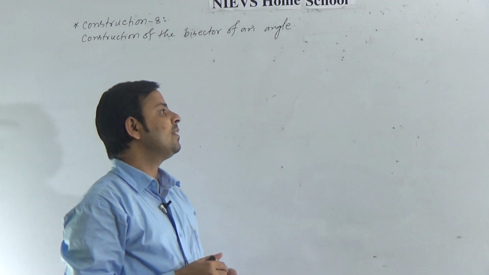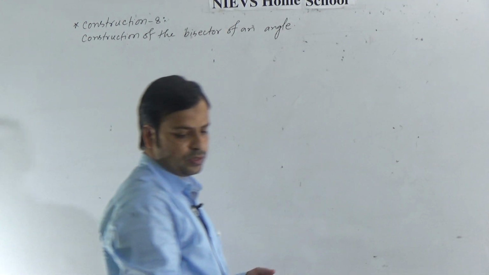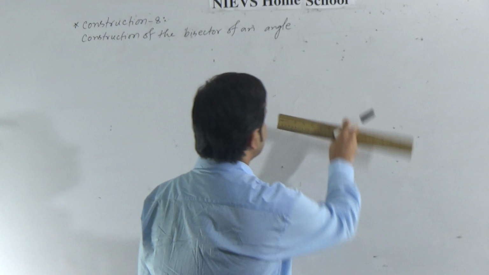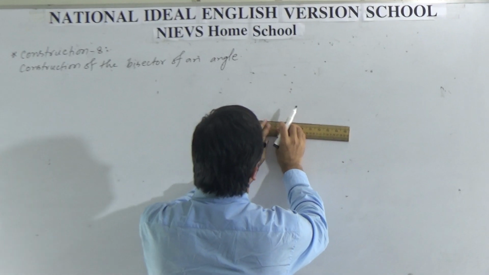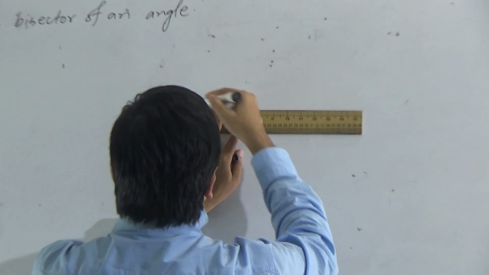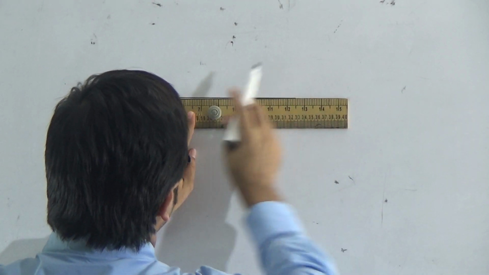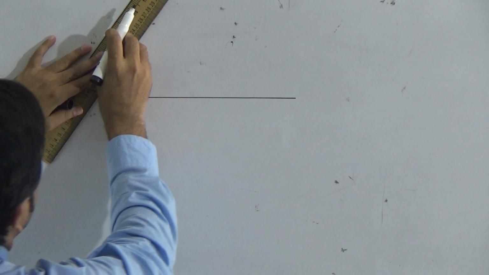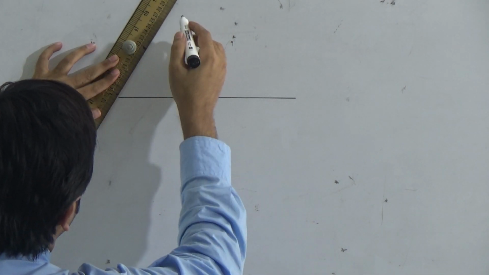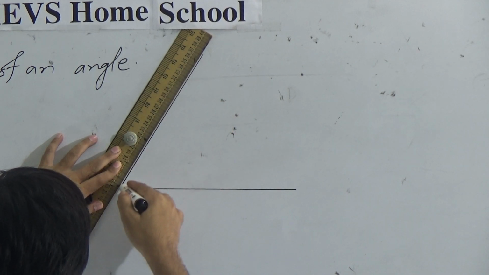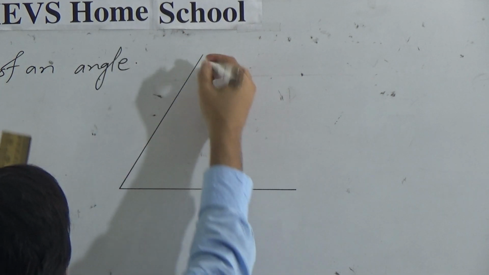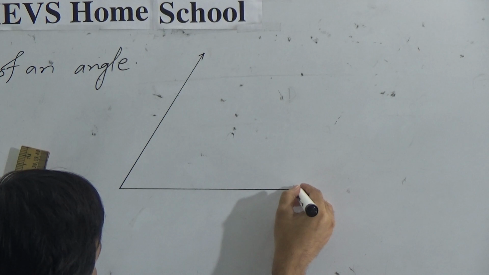Suppose BAC be an angle. So at first draw the angle BAC. Suppose this is angle BAC.